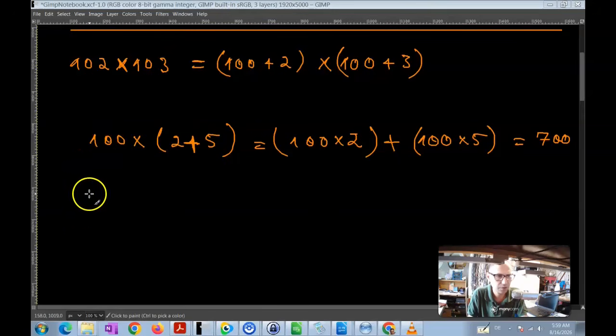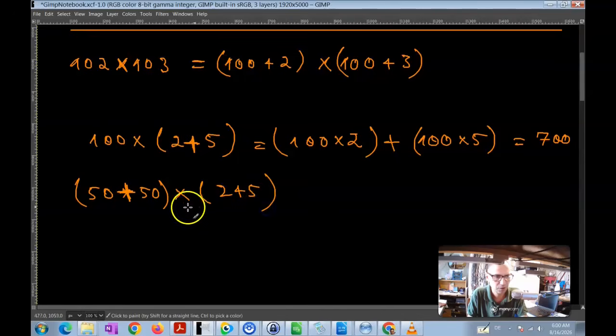Instead of 100, I could write 50 plus 50, which is 100. And then I multiply it by 2 plus 5, right? It's still the same thing, meaning that it's still this whole thing multiplied by this whole thing, and there is addition over here and multiplication over here. So still multiplication distributes over addition, right?